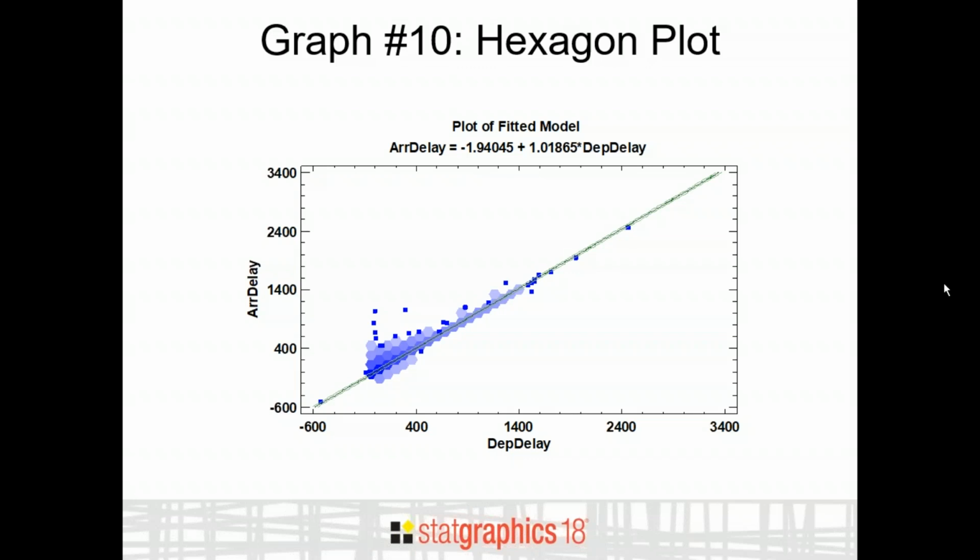So if it's an XY plot, it'll make it a hexagon plot. If it's showing residuals and there's more than 100,000 residuals, it switches to a hexagon plot. Any place that it would normally do a scatter plot, it will switch to a hexagon plot, because otherwise the plots tend to be unreadable.